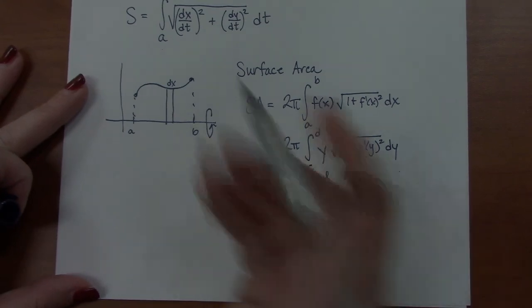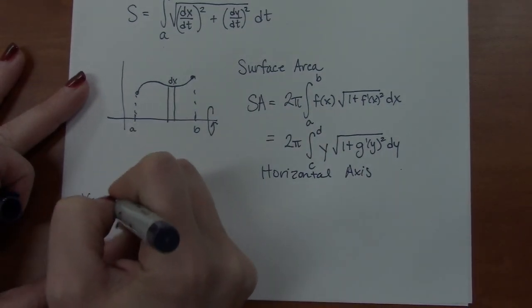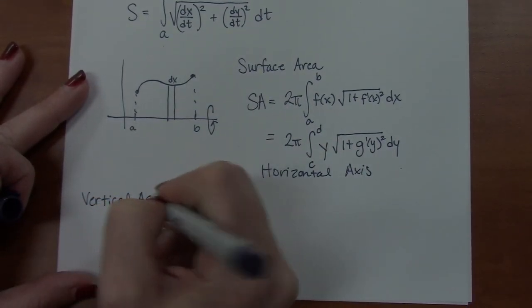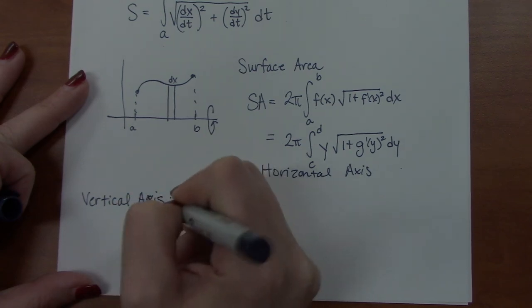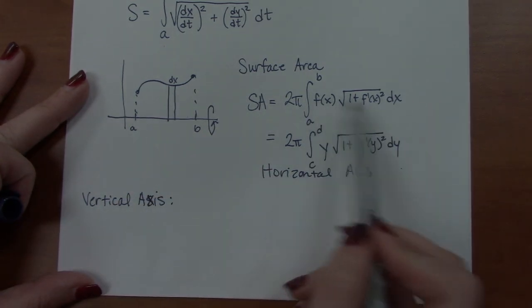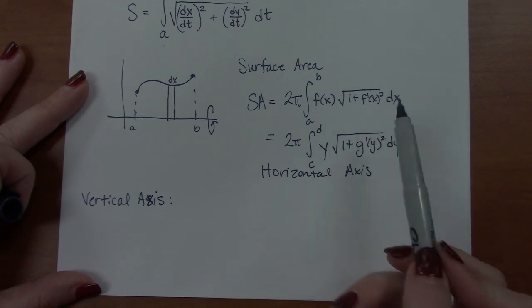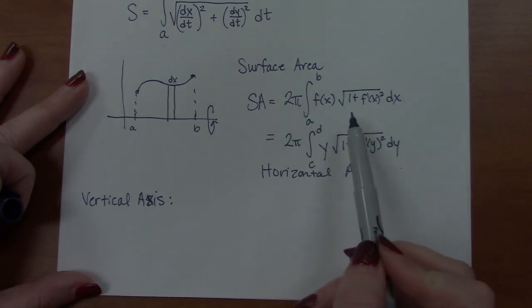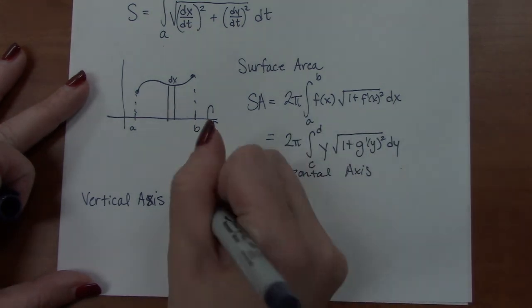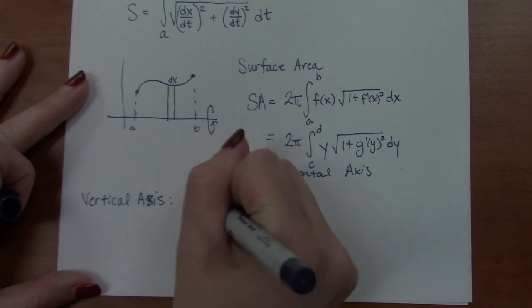If you want to do a vertical axis of rotation, think of these guys as the defaults, right? So horizontal axis, that makes you think of x. F of x is sort of the default setting. For vertical axis, right, we would kind of have a y default setting.